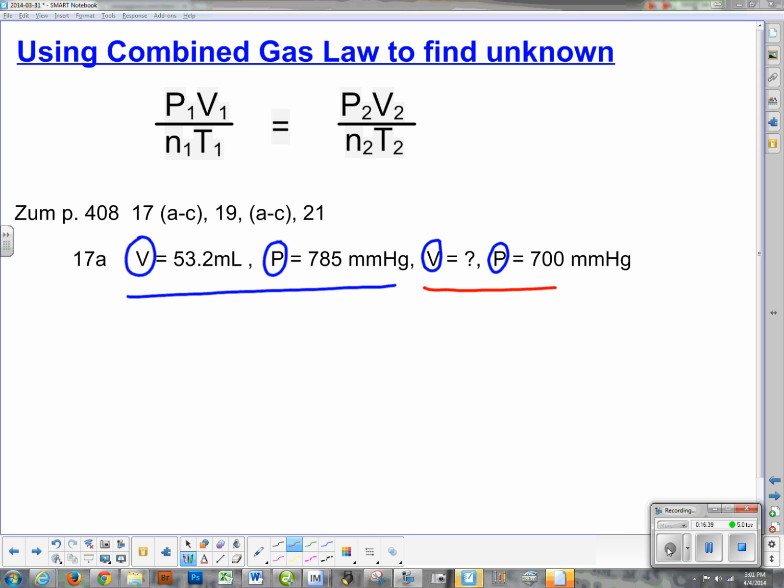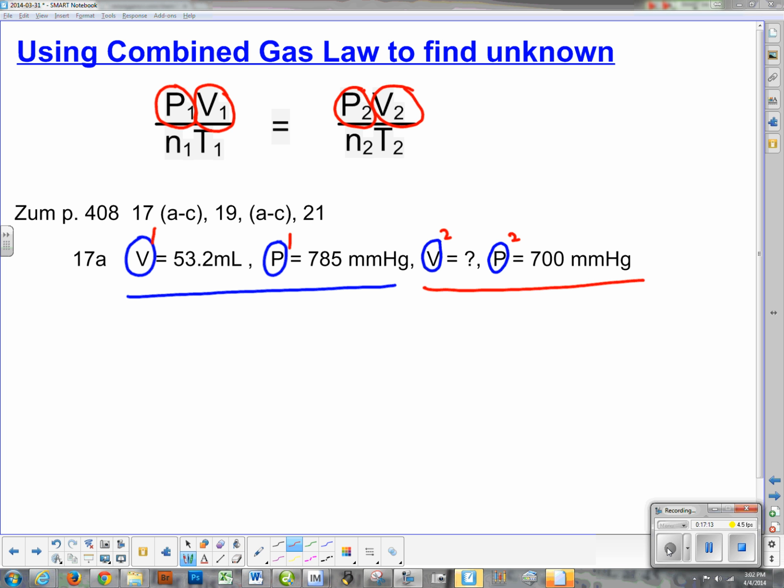And so I'm going to call this V1, P1, V2, and P2. Now, I wrote those as subscripts because I have the lines underneath those things. But here's what this corresponds to in the original gas law formula, the combined gas law. See, V1 and P1 and P2 and V2.